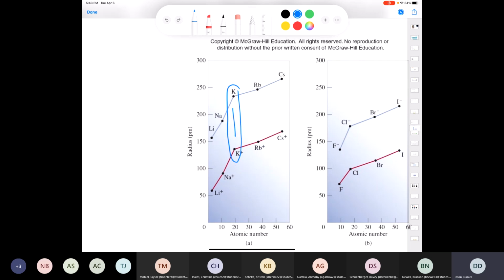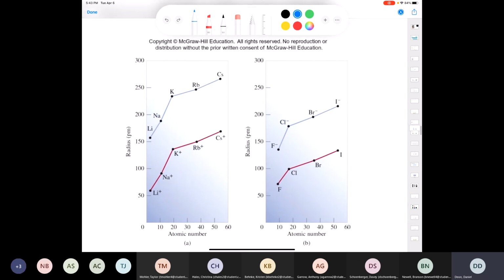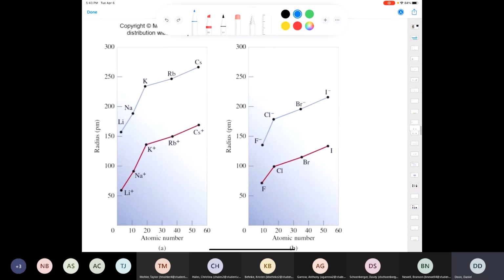The opposite is true when I add electrons. Look what happens here. The trend is the opposite. If I go from fluorine to a fluoride, or chlorine to a chloride, or bromine to a bromide, or iodine to an iodide, you see that the ionic radius is greater than the atomic radius. Why? Because now I'm adding an extra electron. I still have the same number of protons here that I did here.